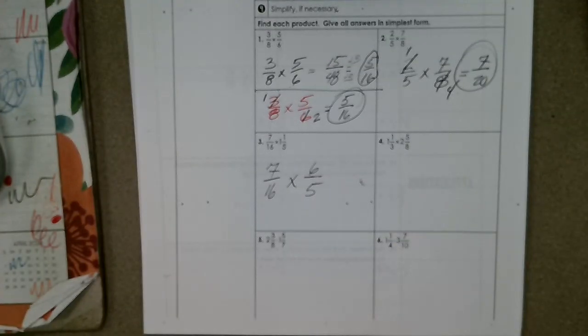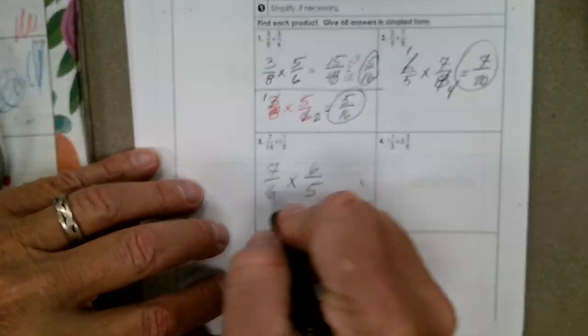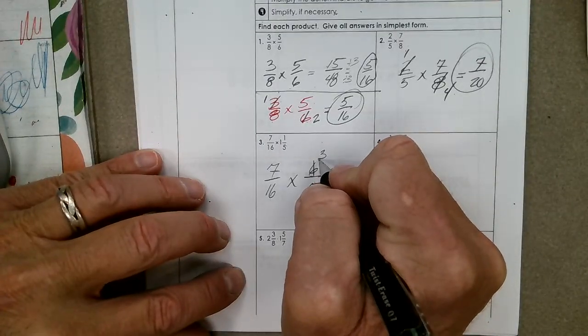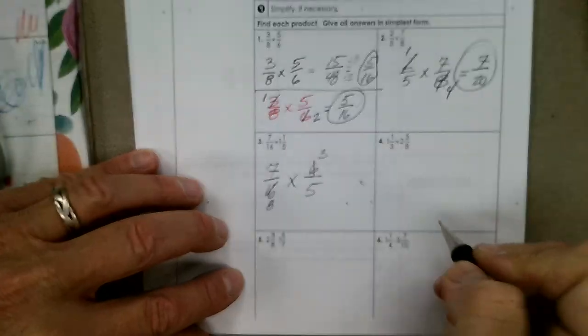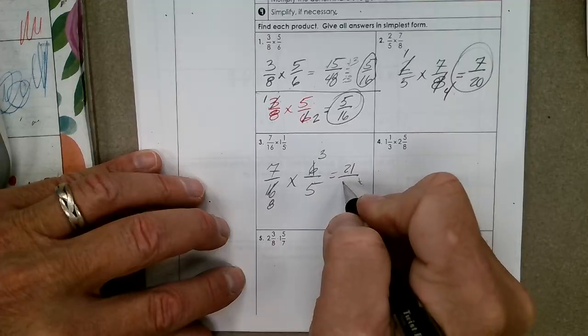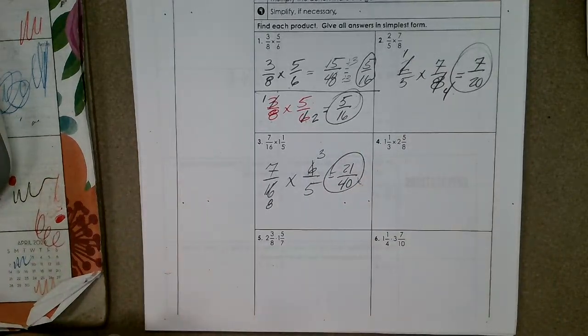So let's take a peek at this. Top to bottom combination, these are both divisible by 2. 6 divided by 2 is 3. 16 divided by 2 is 8. 7 times 3 is 21. 8 times 5 is 40, and that is simplified.